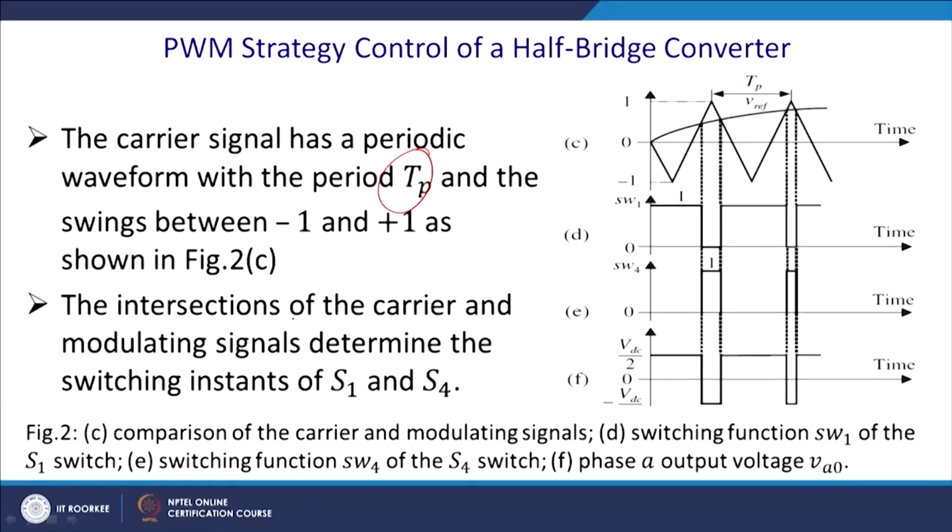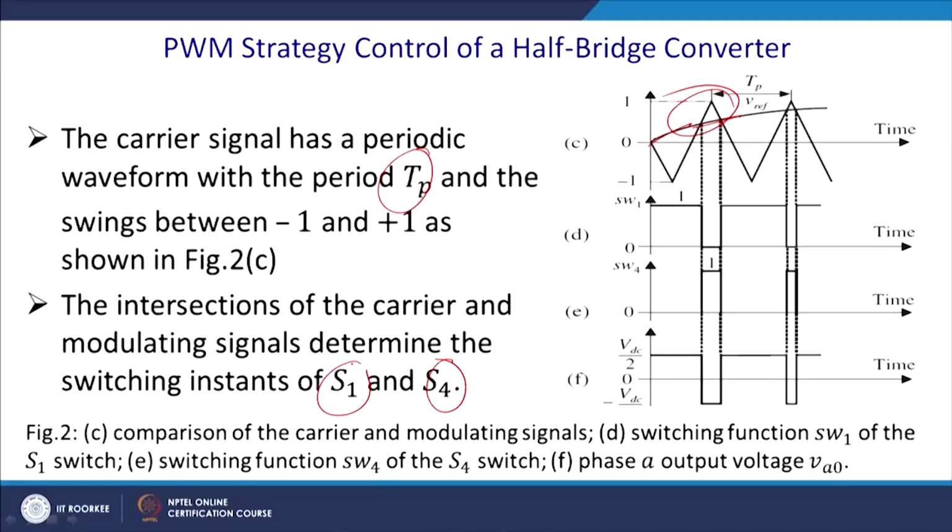The intersection, so this is the intersection, this part, you can see that the triangle is more than the carrier, and in this part totally the signal is more than the carrier. The intersection of the carrier and the modulating signal determines the switching instants of S1 and S4.